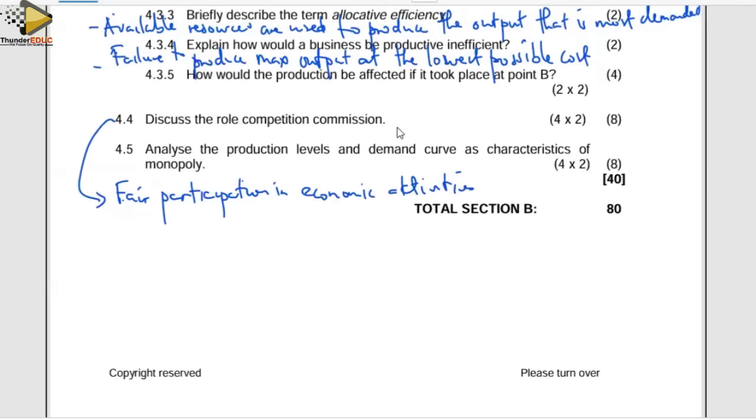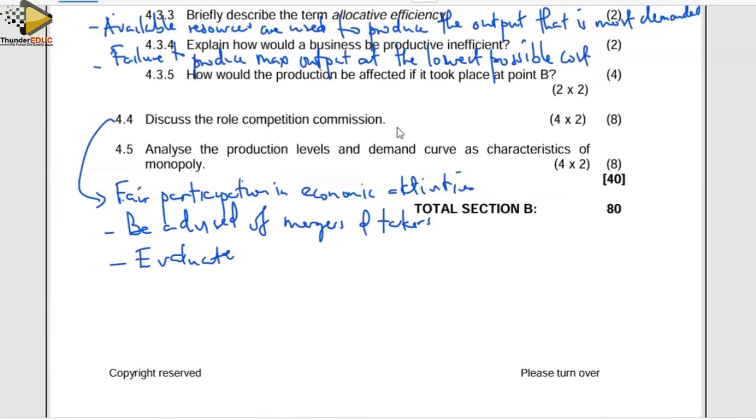And it is also there to be advised of mergers and takeovers. They cannot happen without the approval of the Competition Commission. It is there to evaluate any issues with regard to competition.